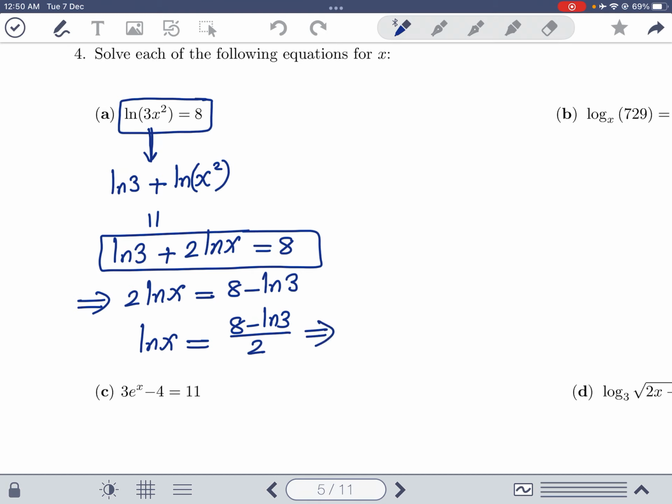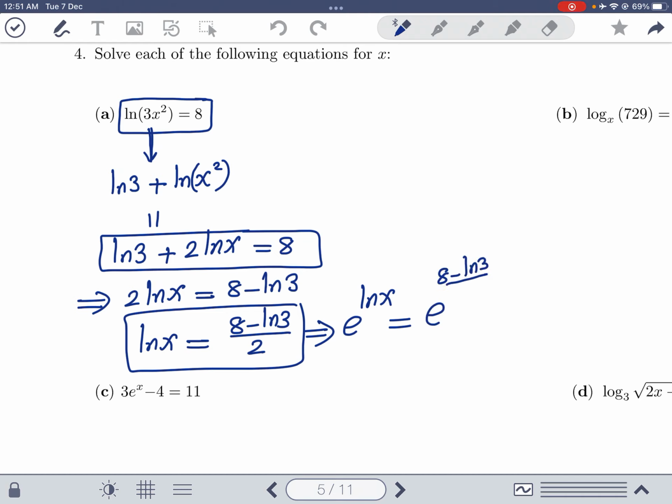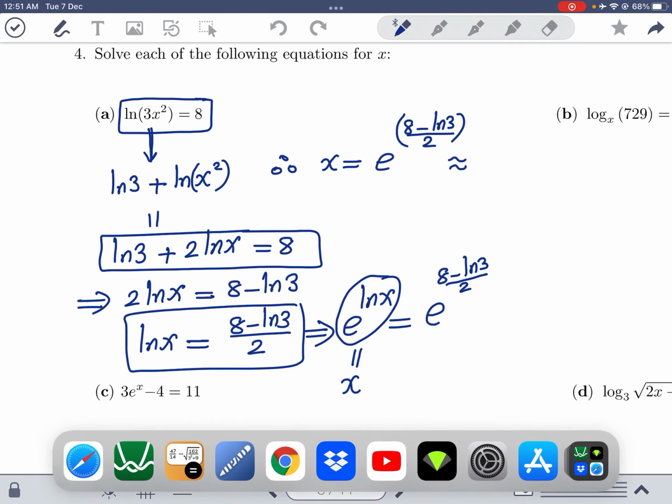And finally, to get x from this equation, you do e to the power. So e to the ln x equals e to this number, 8 minus ln 3 over 2. But e to the ln x is the same as x. So we solved it. Therefore, we can write x is e to the power 8 minus ln 3 over 2, which we now evaluate with the calculator.